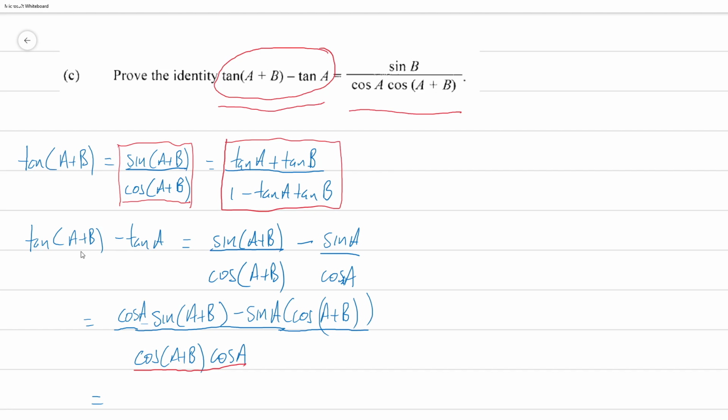If you have to write sine of a plus b, or let me not use a plus b, because that's there. Remember this formula.